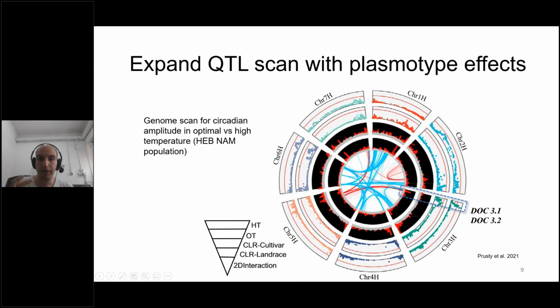When we now want to incorporate the plasmotype, of course, the HEP population is a population which was not developed with this in mind, so this population is not aware of the directionality of the crossing.